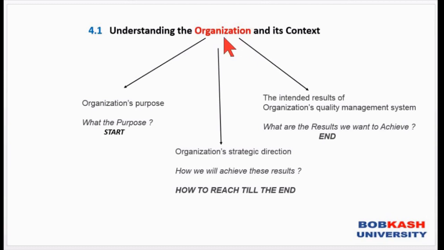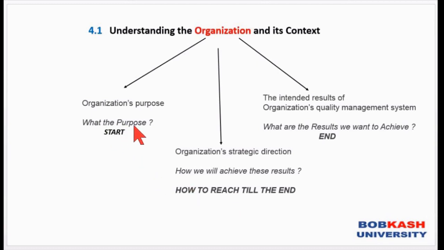Now in any process, there is always a start, there is always an end, and there is always something in between, which is how to reach the end. That means how do we ensure that we meet the end requirements of the process. Everything has a start, everything has an end, and everything has an approach or a direction for how to go from the start to the end. Similarly, in an organization, there is always an organization purpose.